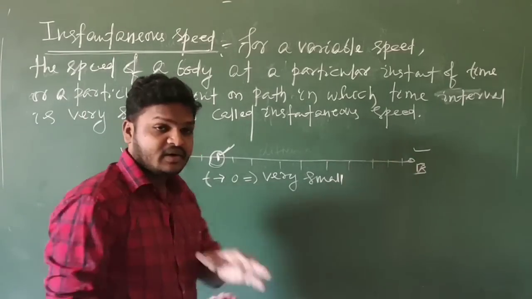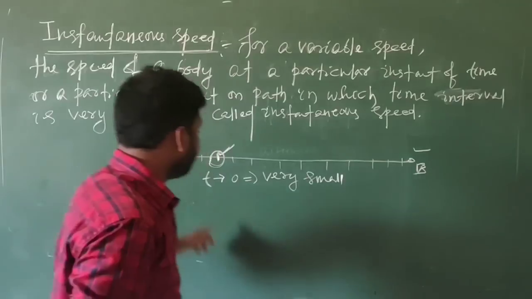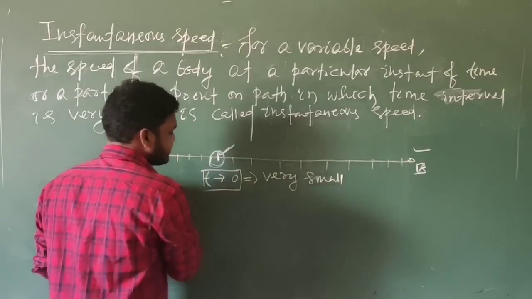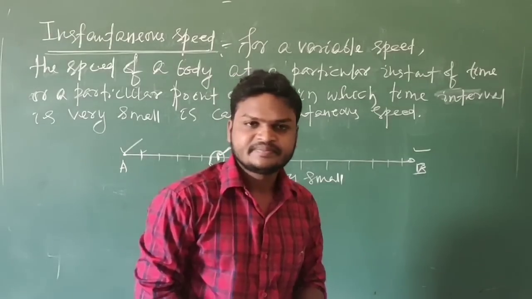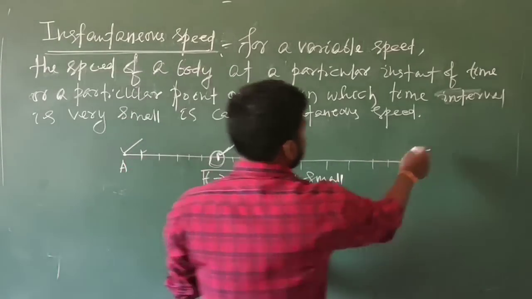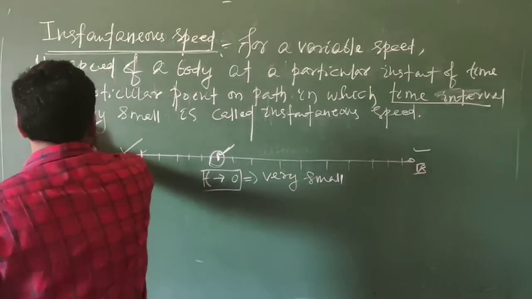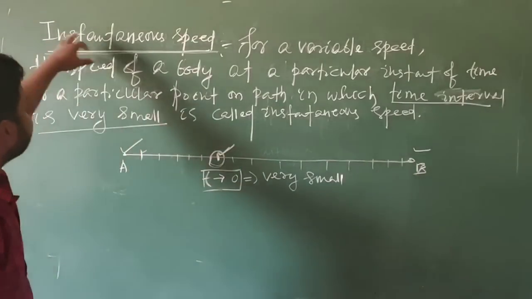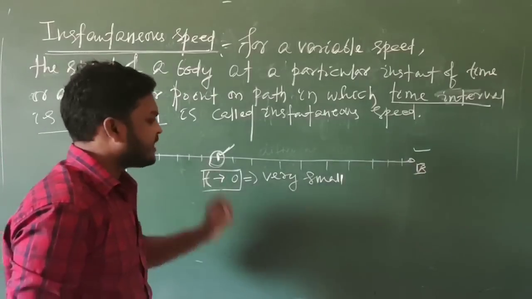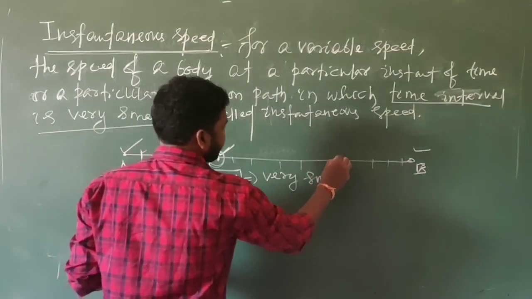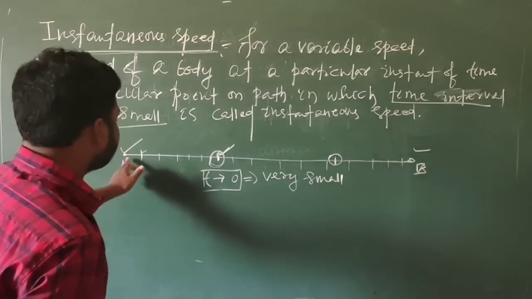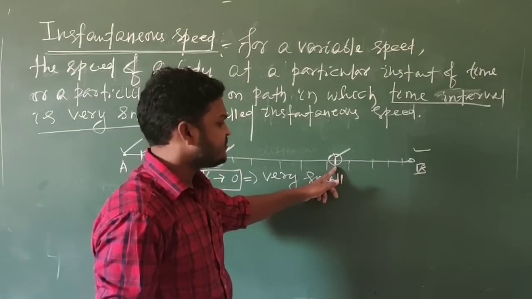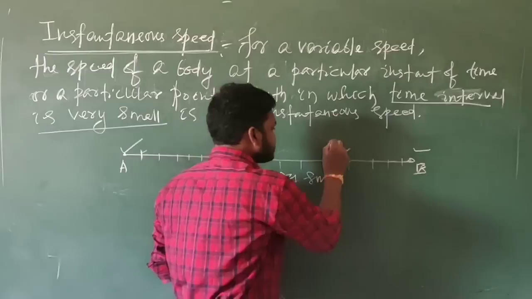At any instant, suddenly you decide to find the speed at this point, so the time interval is very small. This is important for instantaneous speed. Suppose you want to calculate the speed of the body at this point, so in this case also the time interval is very small.